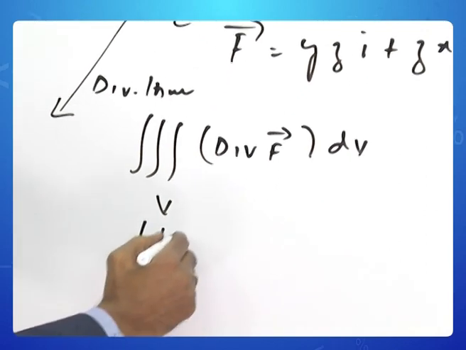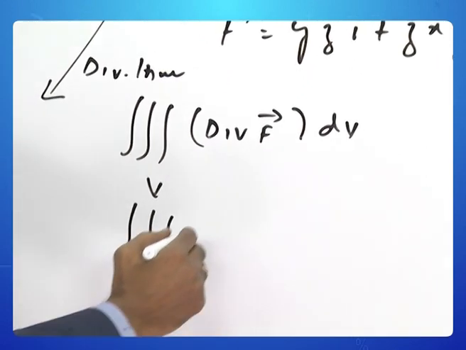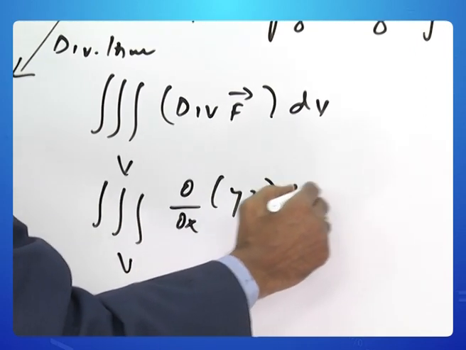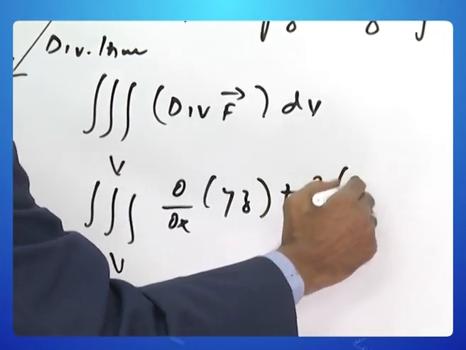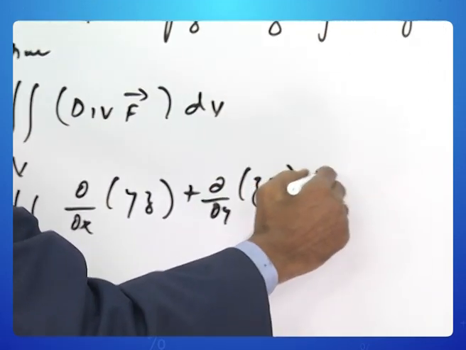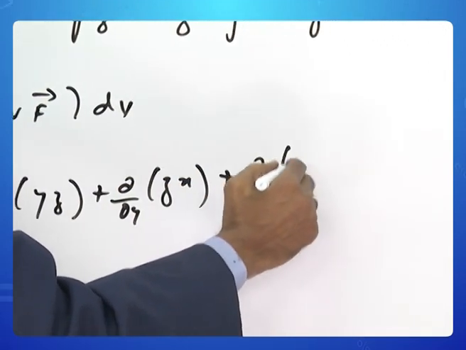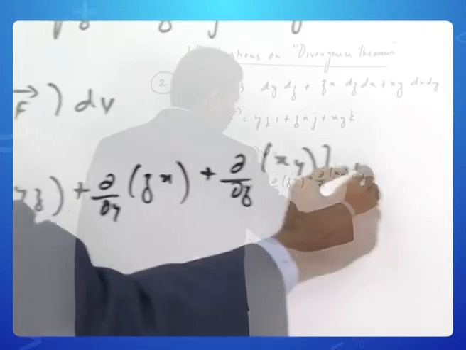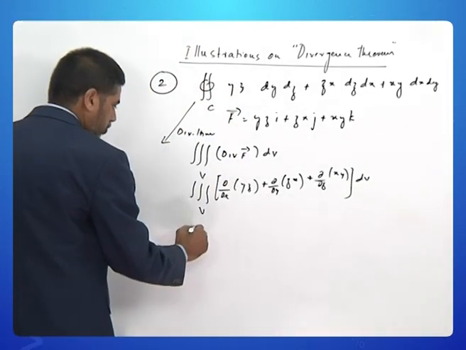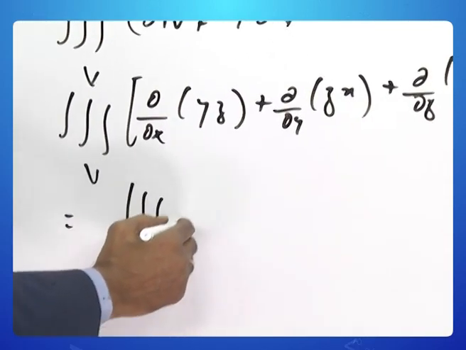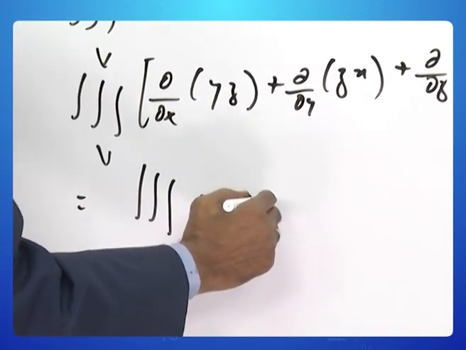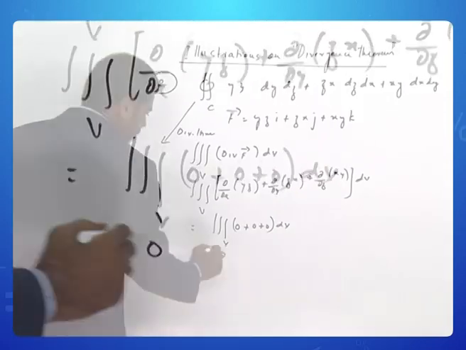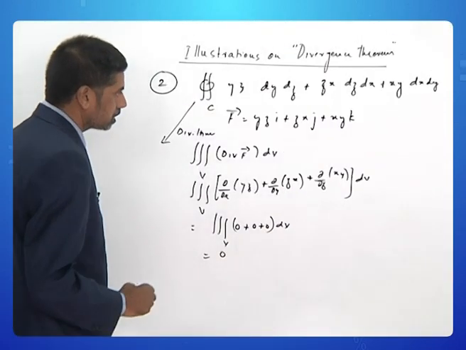So divergence of F would be dou by dou x of the first component plus dou by dou y of the second component plus dou by dou z of the third component. So you will find that you will get 0 plus 0 plus 0 dV, that is 0. So no serious integration at all.